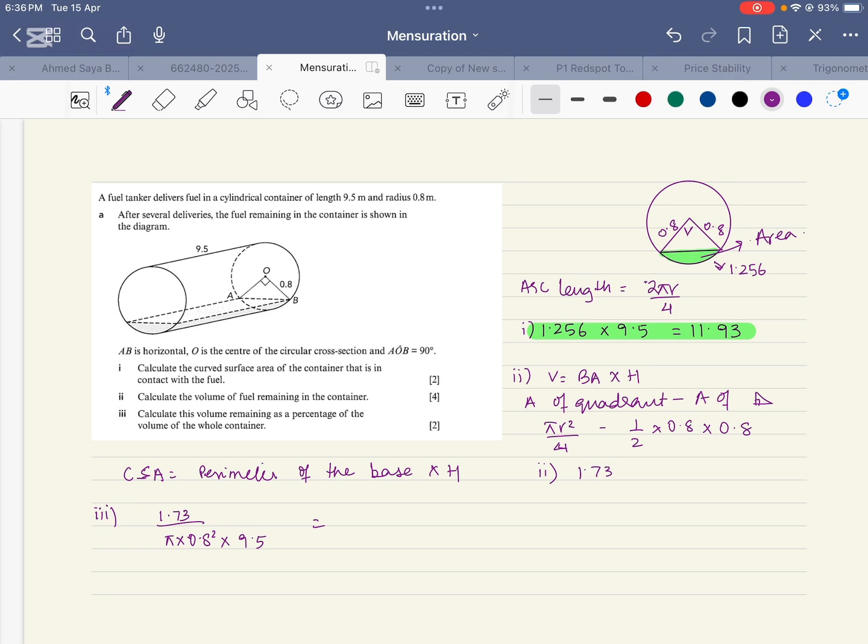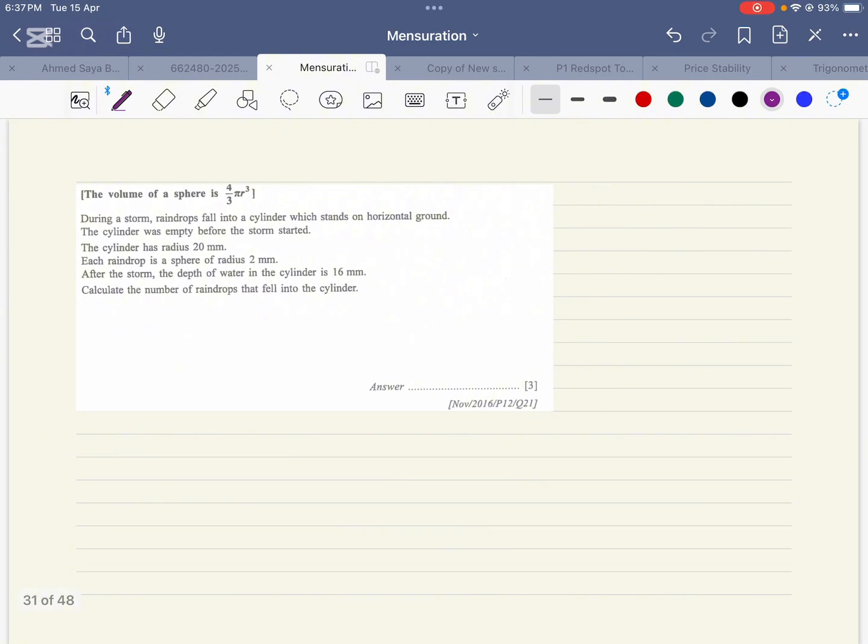Of course you are going to multiply it with 100 to find out the percentage. So the percentage is 9.08%. This is the answer. Moving on to the next question.